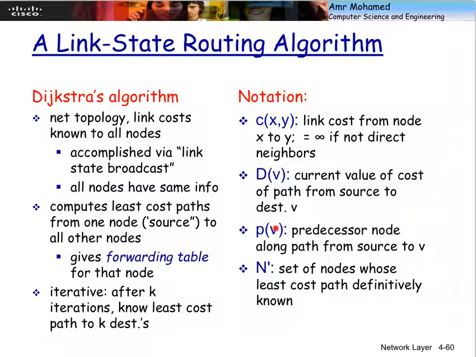In order to trace yourself back, you need something to tell you that the cost from the source up to this node, you can trace it back by going to the predecessor. Once you get to the terminal node in the shortest path tree, you can always trace yourself back by saying, what is my predecessor? So the predecessor is p(v). So p(v) here refers to the predecessor of node v.